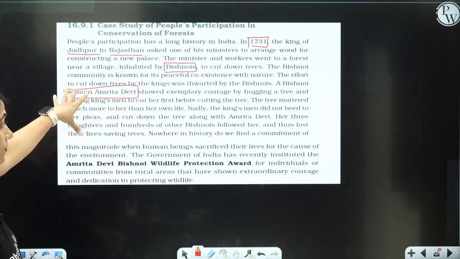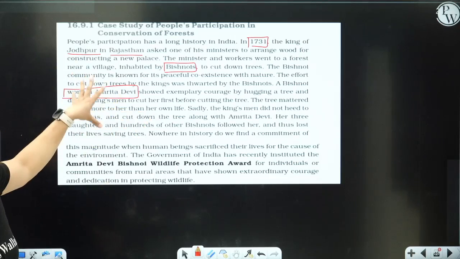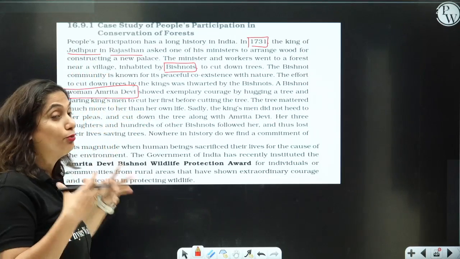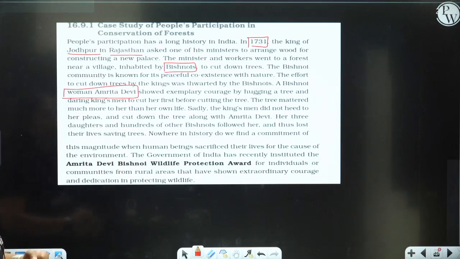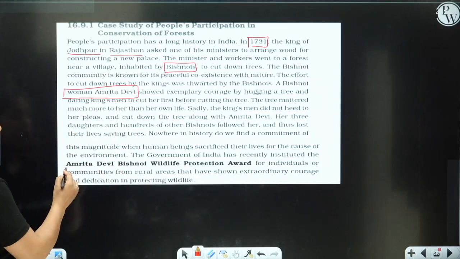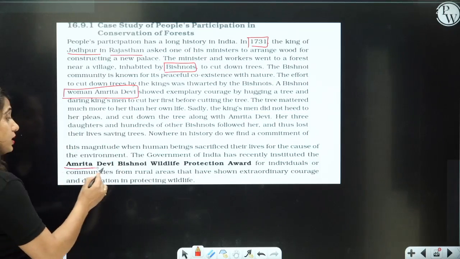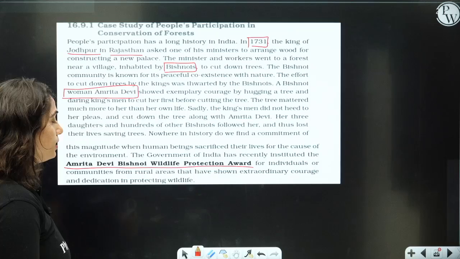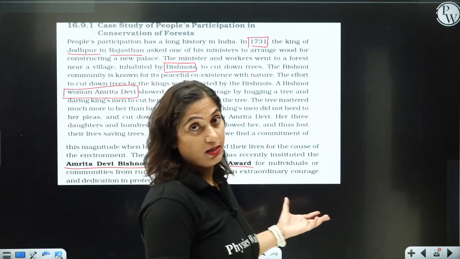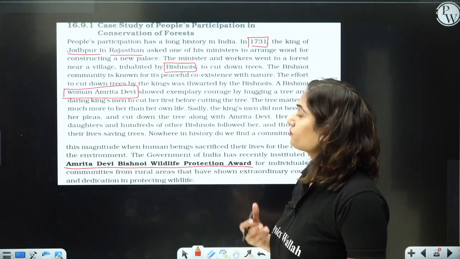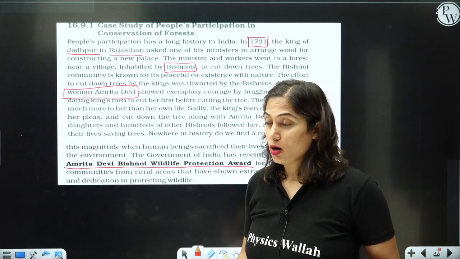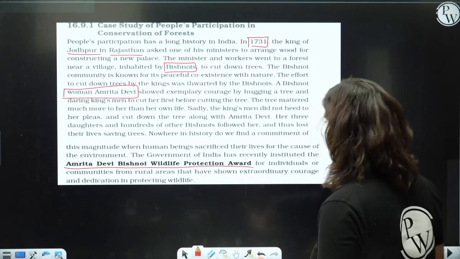But Amrita Devi gave her life to protect the trees of Jodhpur. And now in her memory, there is an award called the Amrita Devi Bishnoi Wildlife Protection Award. Right? So this is one of the case studies. Amrita Devi, a member of the Bishnoi community, laid down her life for the protection of forests.